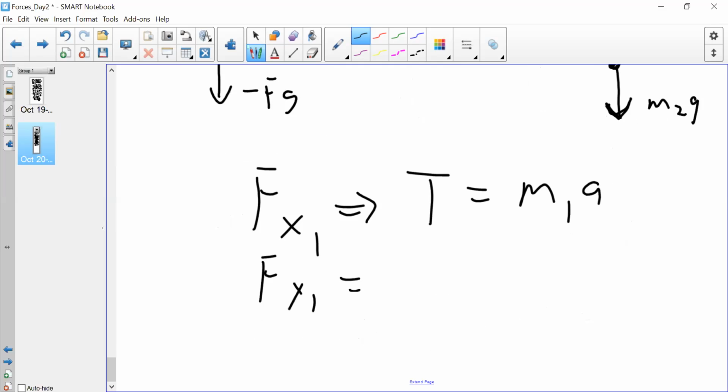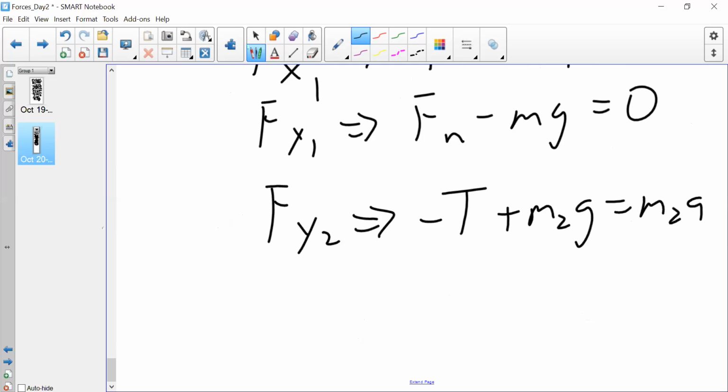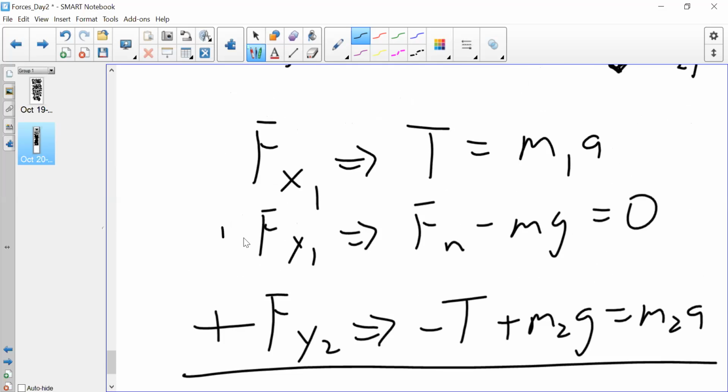Then y1, accelerating vertically, and y2: negative T plus m2g equals m2a. All a system of equations. You can even use a matrix for this. Do anything crazy, but it comes out to be a matrix. Gauss-Jordan elimination does the same thing as you would with a system of equations.